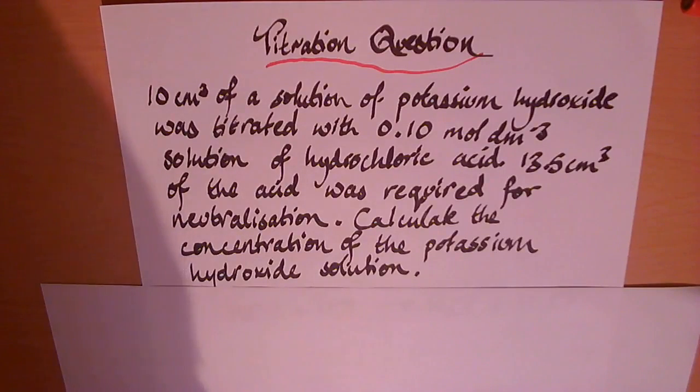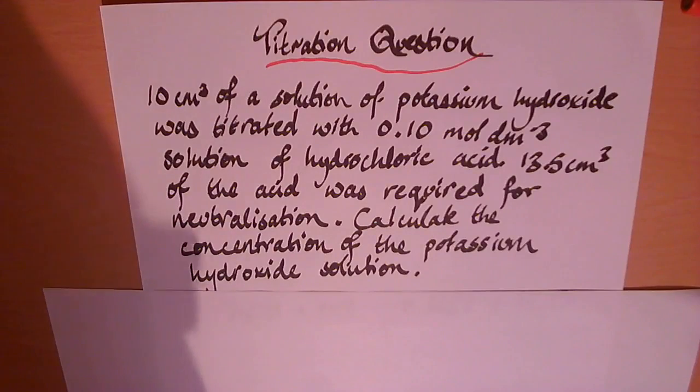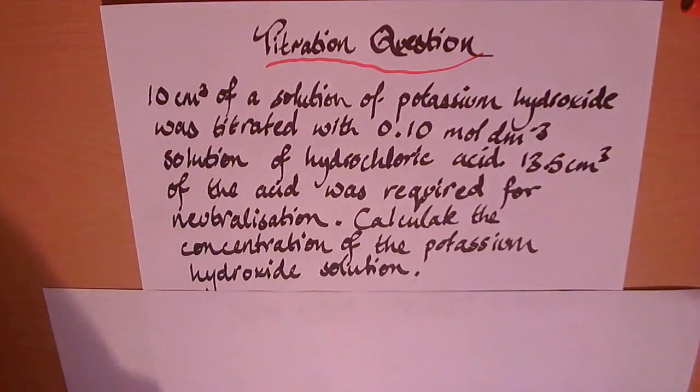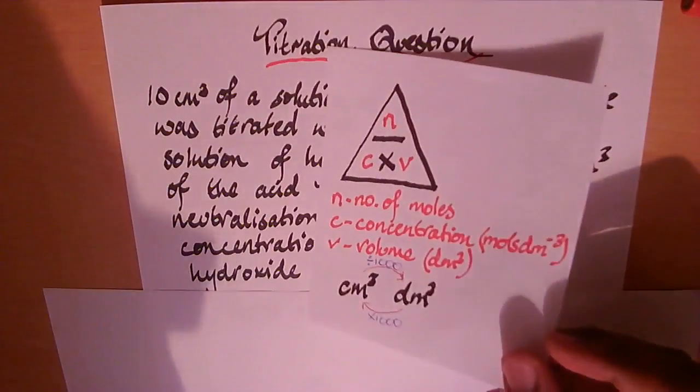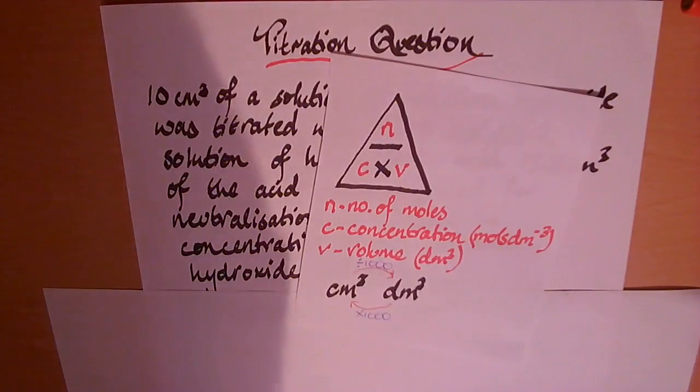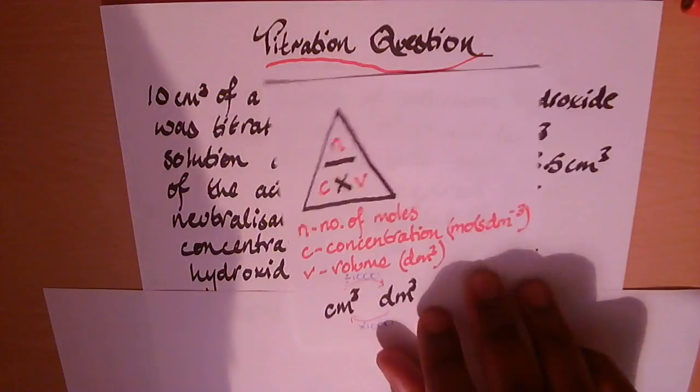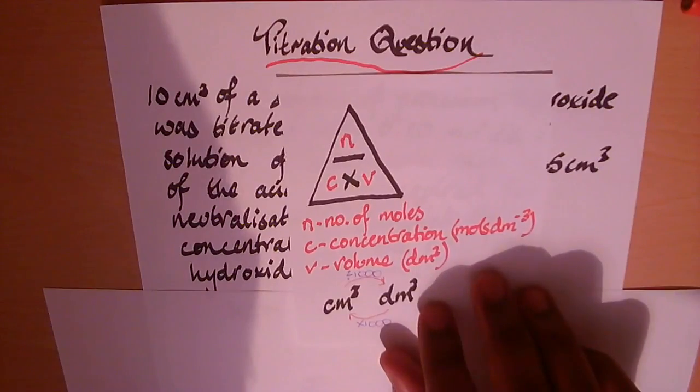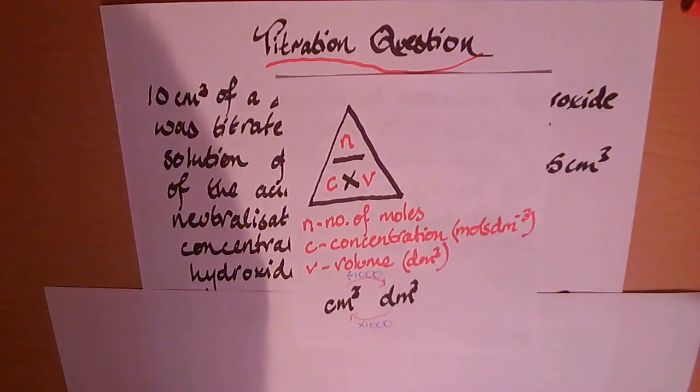You get a lot of these questions nowadays, and it's important that we address them using a very simple method. And for this, we're going to use a formula triangle, which I have here. N represents the number of moles, C represents concentration in moles per decimeters cubed, and V represents volume in decimeters cubed as well.